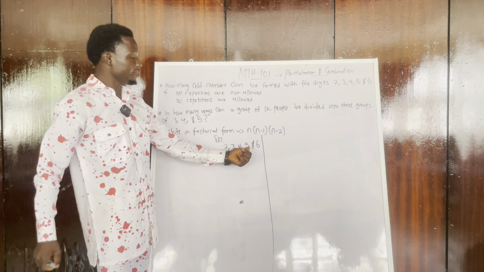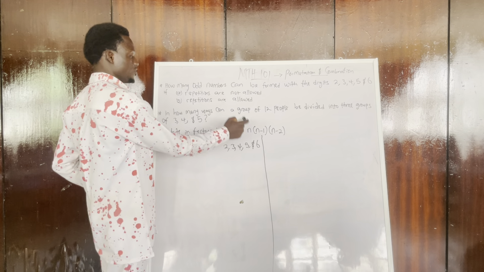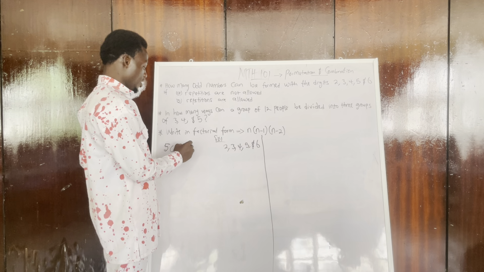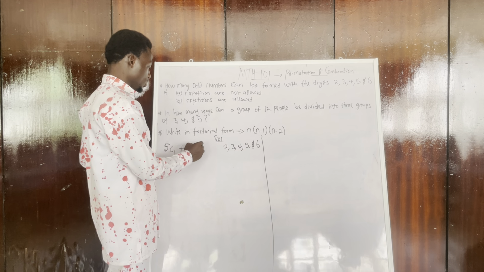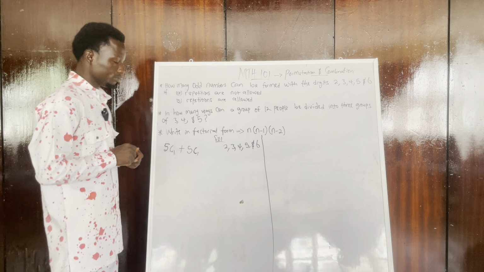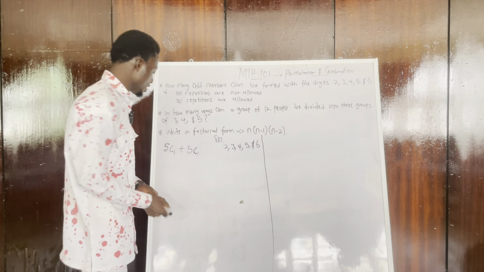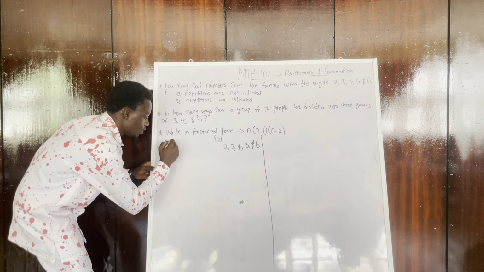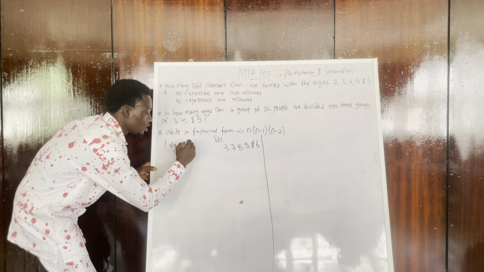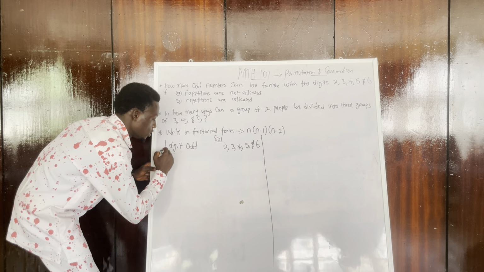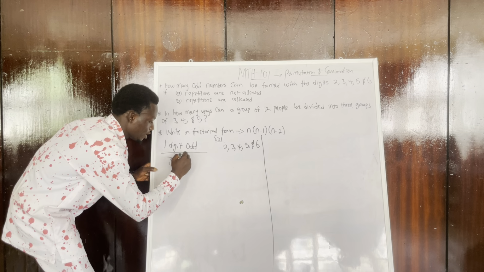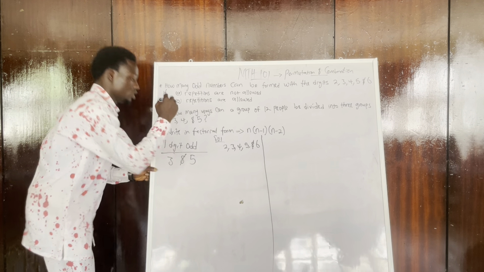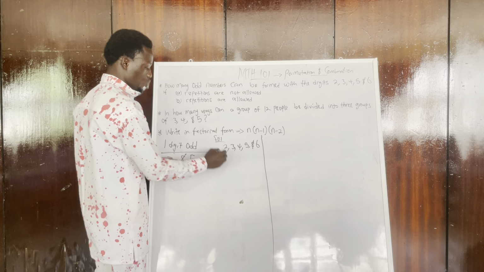And we are also picking 5 from 5 choices as well. So we are going to have another 5 combination 1. So for the 1 digit odd, we have 3 and 5, so the answer is 2.